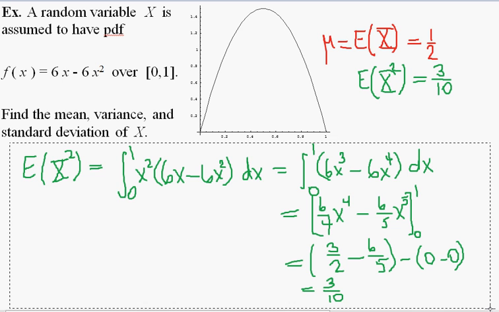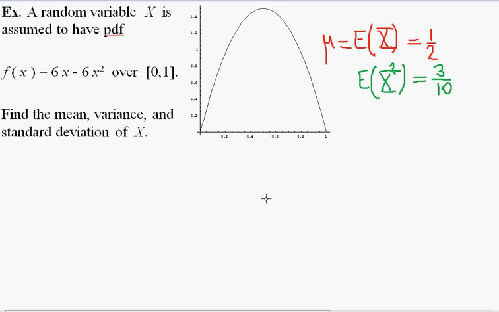Okay, now we're in position to find the variance as well as the standard deviation. The variance of x is going to be equal to, just like before, the expected value of x squared, 3/10, minus the mean of 1/2 squared.